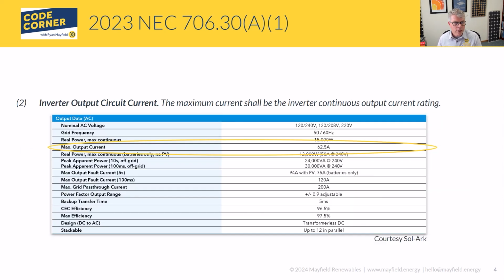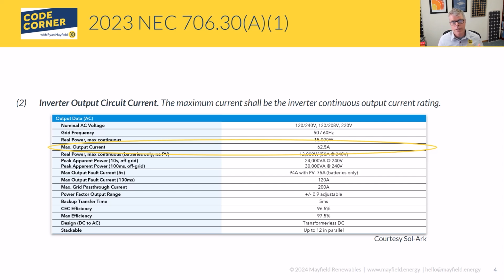The next one to look at is the inverter output circuit current. In code this reads pretty simply: the maximum current shall be the inverter continuous output current rating.